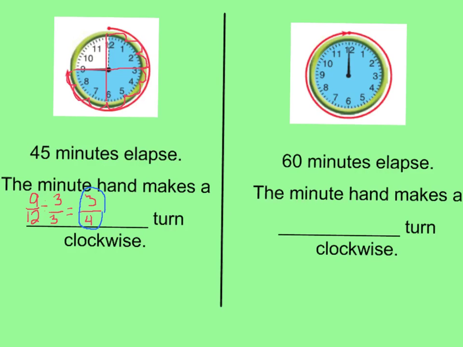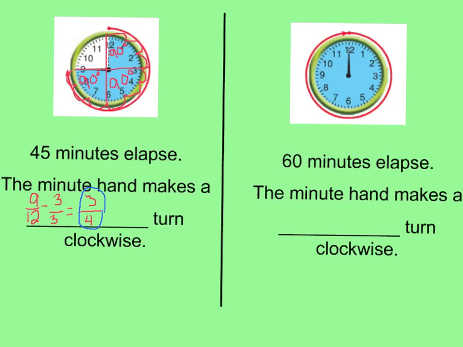Let's think about how many degrees the turn made. So I know that each part is 90 degrees. So if I have 90 degrees in this part and another 90 degrees here, and then a third 90 degrees here, I wonder what that would equal.